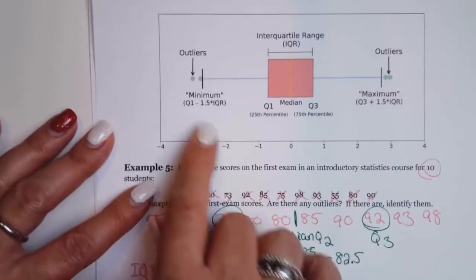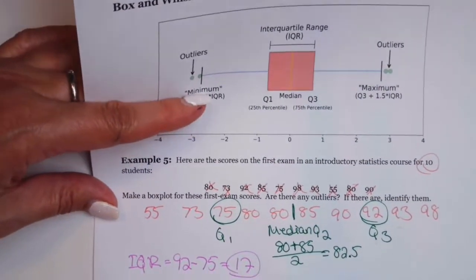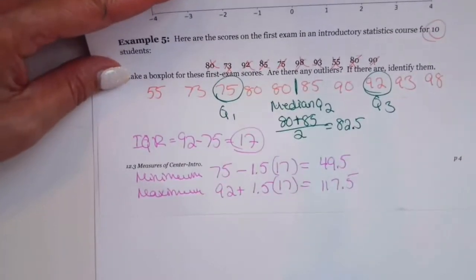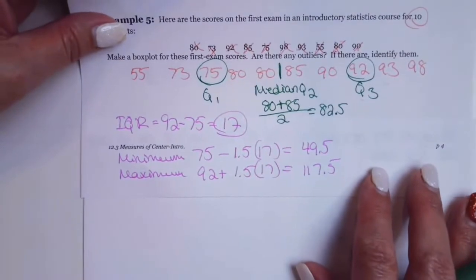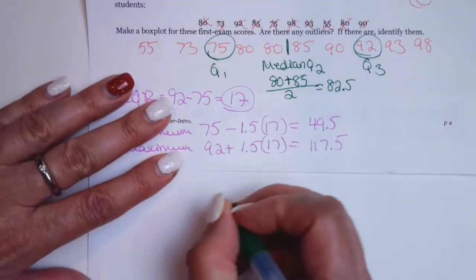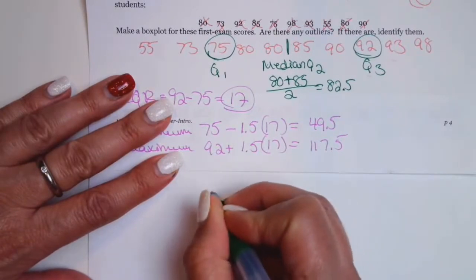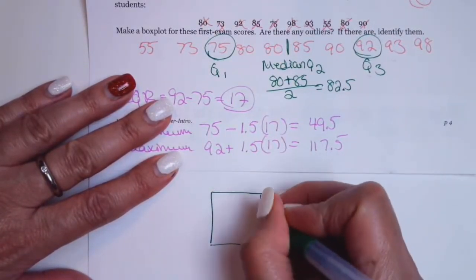Now we can draw this here. So let's see. We're going to draw our box here. We have the median.